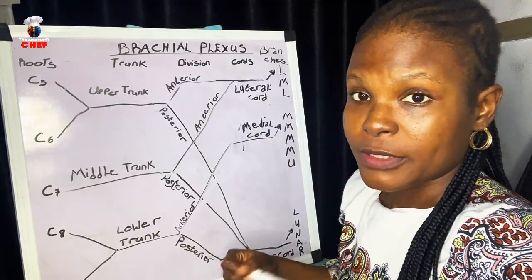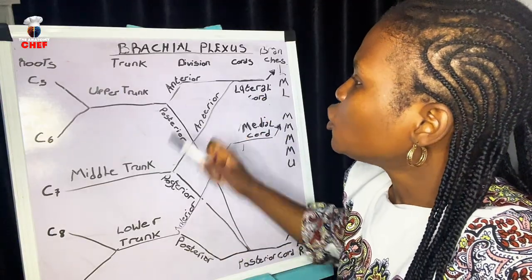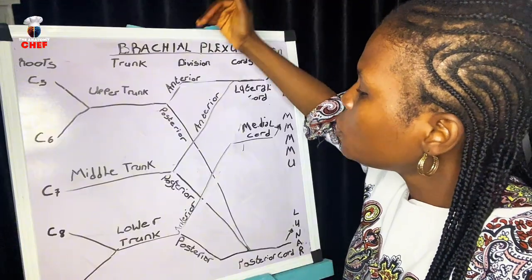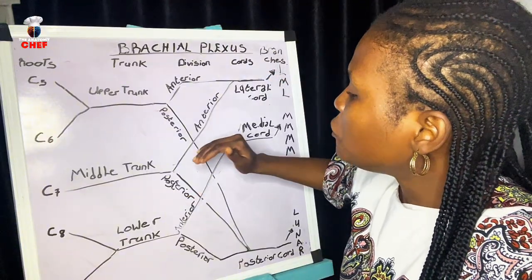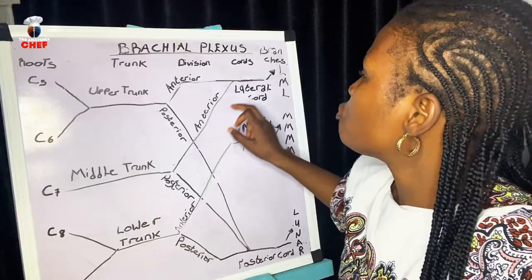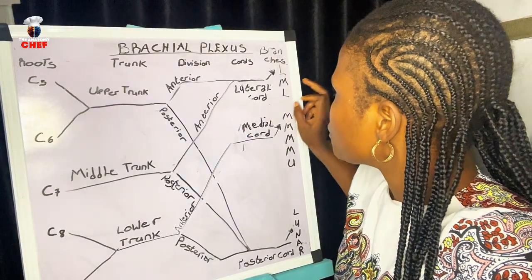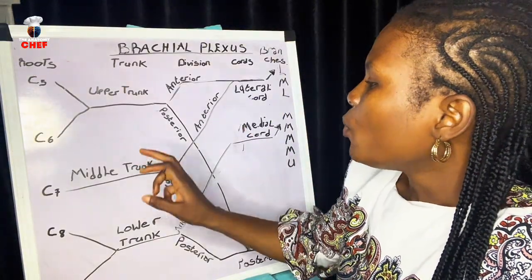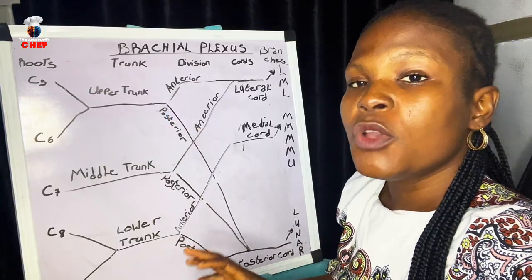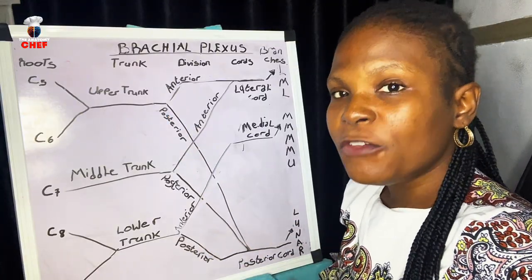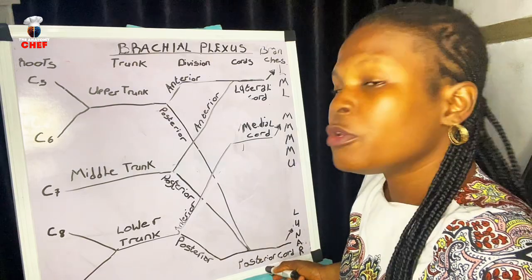Did you get up to this point? Good. Now we also have all of the posterior divisions coming together, fusing together to give rise to the posterior cord.